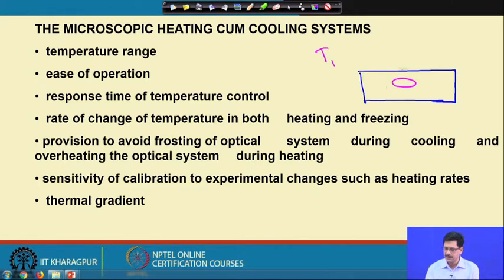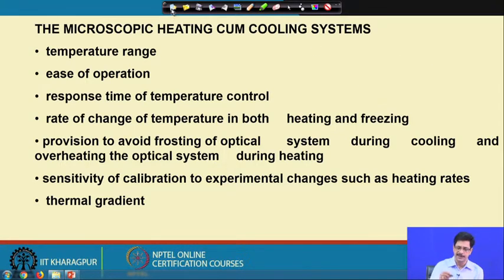Now, the thing is whether in this entire sample the temperature could be T1, and we are more interested in knowing exactly the temperature here. It may be just a few millimeters away, this side and that side, so within that there should not be any thermal gradient, so that the temperature recorded here and sensed as a whole for this particular area by the device should not have any discrepancy.